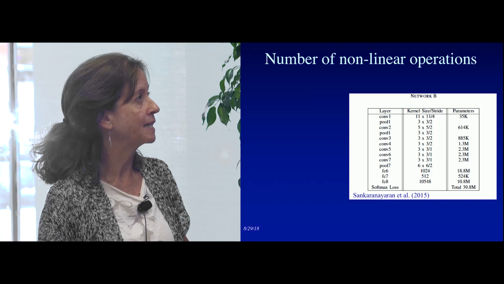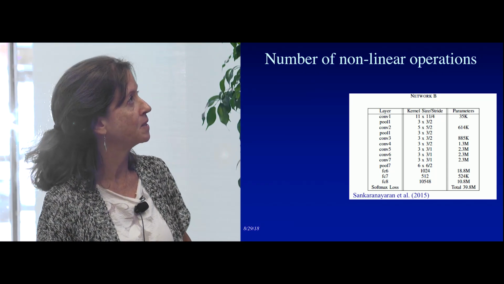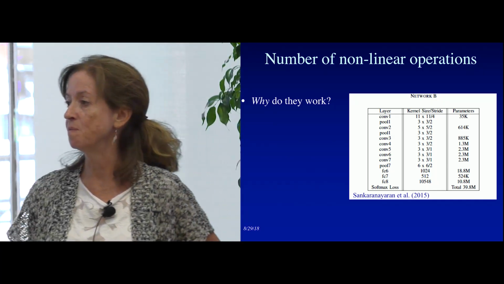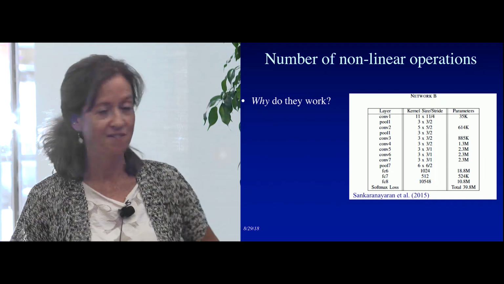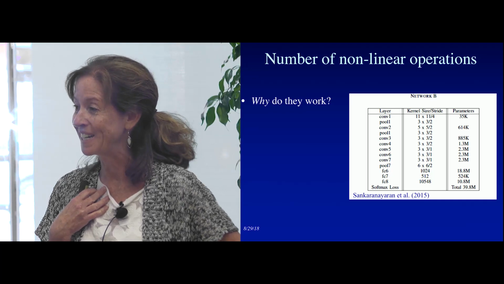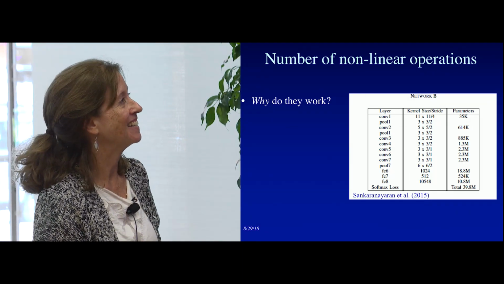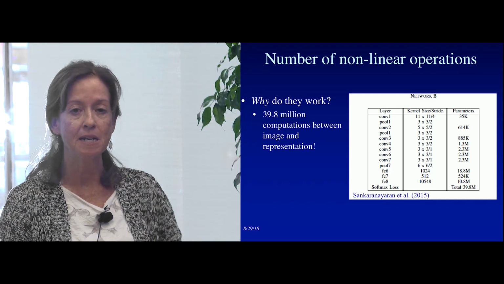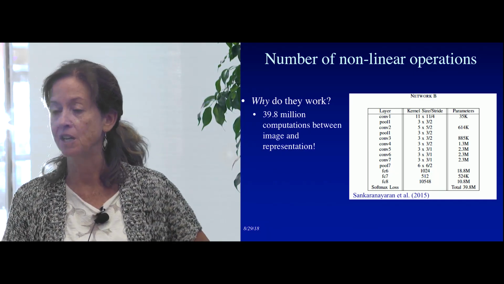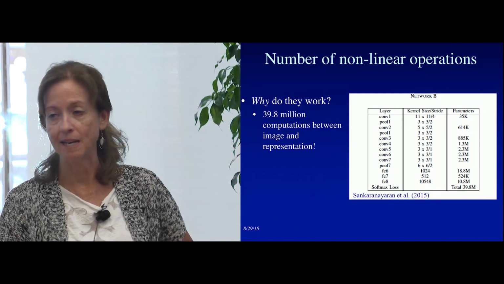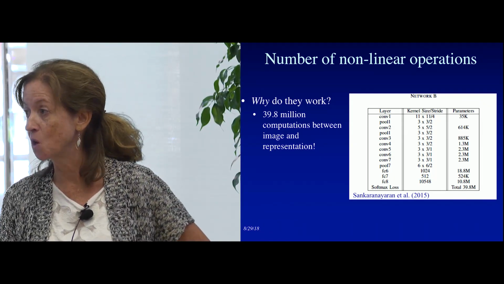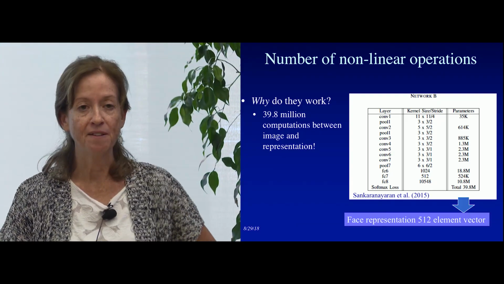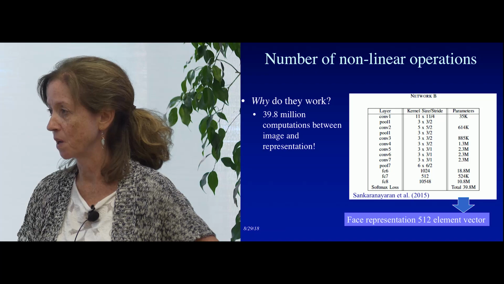So just to give you an example, this is a network from the University of Maryland group, affectionately called SwamiNet. If you pull out a calculator, between the input image and the output representation there are some 39.8 million local computations to get out a 512 element vector, which does all the work.